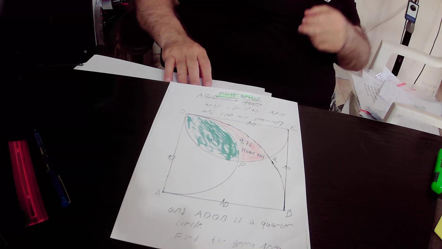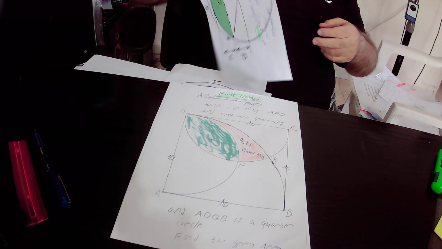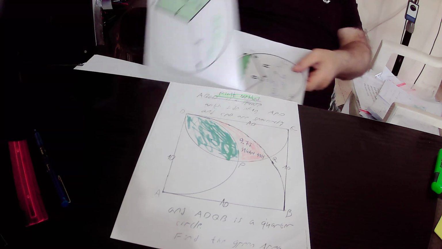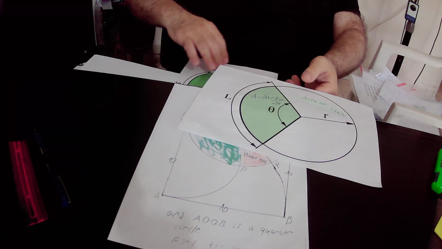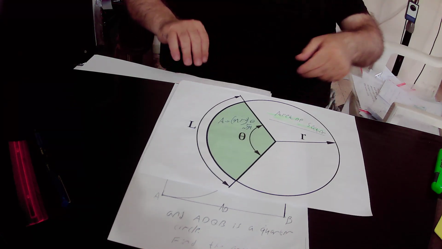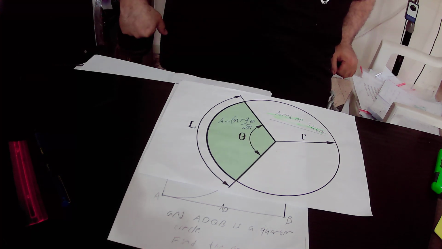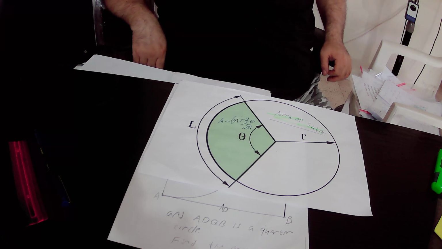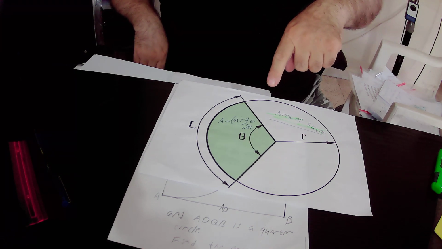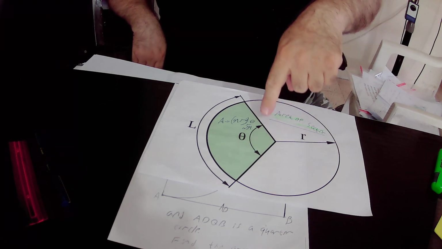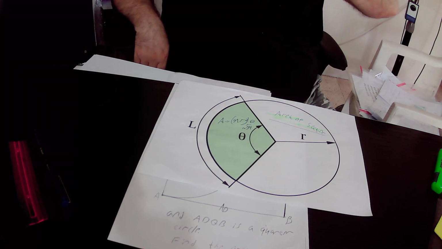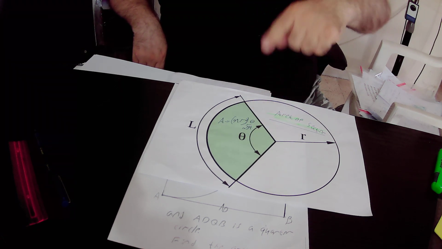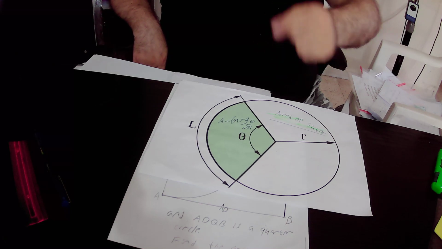So here I presented to you what is the area of a sector. The area of a sector equals the ratio between the angle between its legs, that is theta here, over 2 pi. The 2 pi radians is 360 degrees.